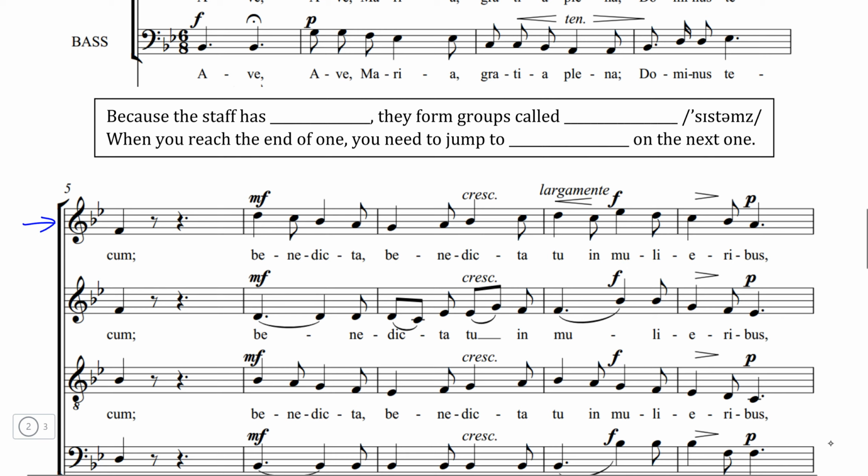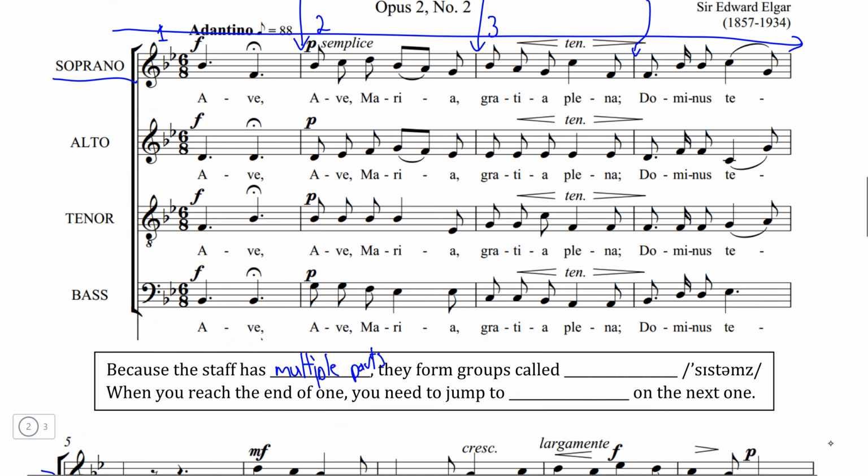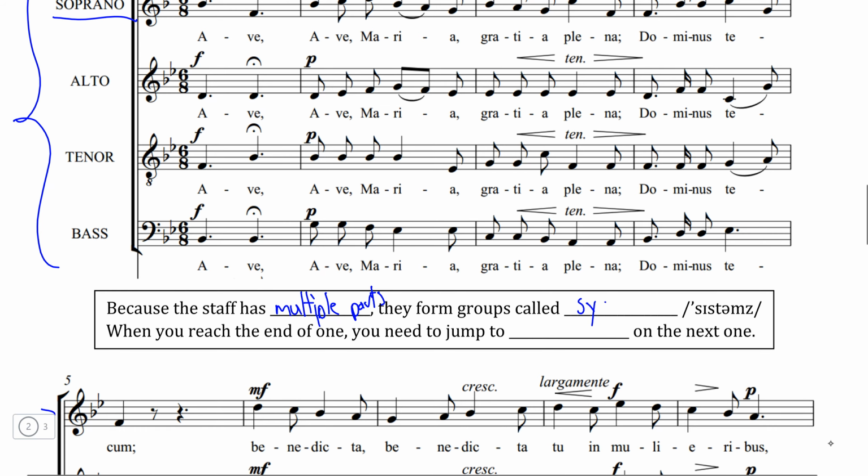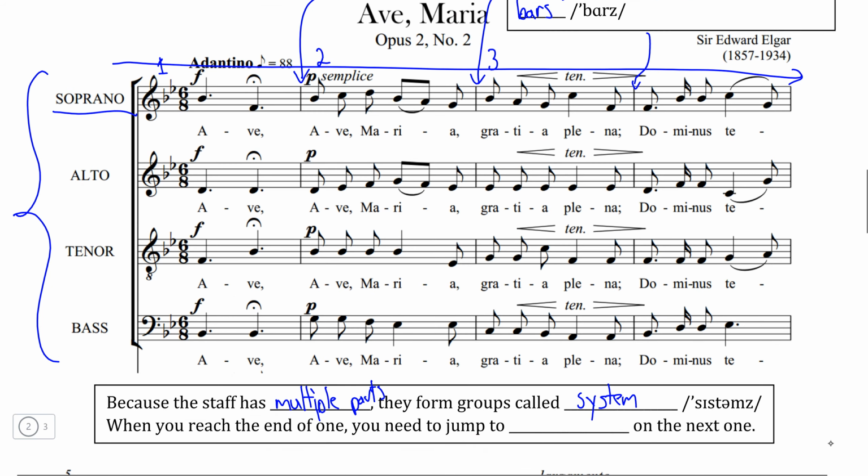Because the staff usually has multiple parts intended for different musicians, each of the parts is grouped together into units that we call a system.